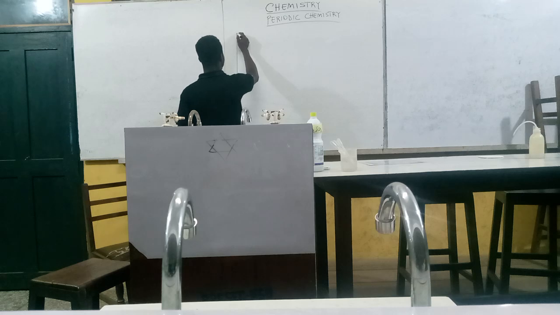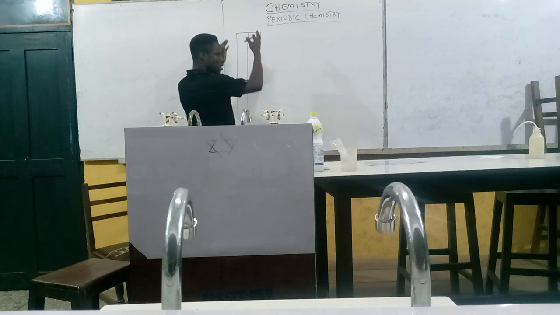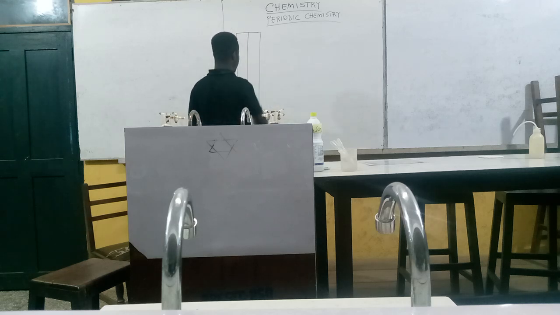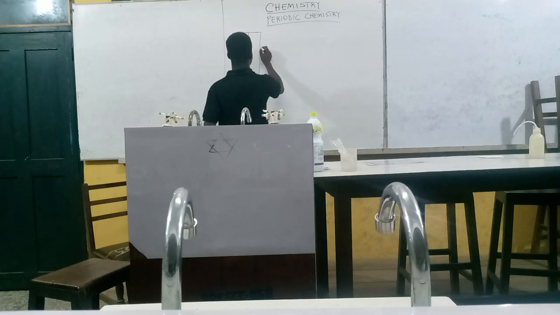So if you pick the periodic table, just like we demonstrated, we have the vertical arrangements, or what we call the column arrangement. So this is the vertical or column arrangement. So we have 18 groups.